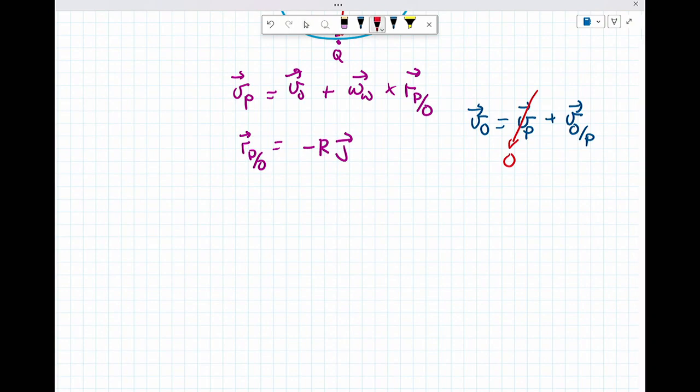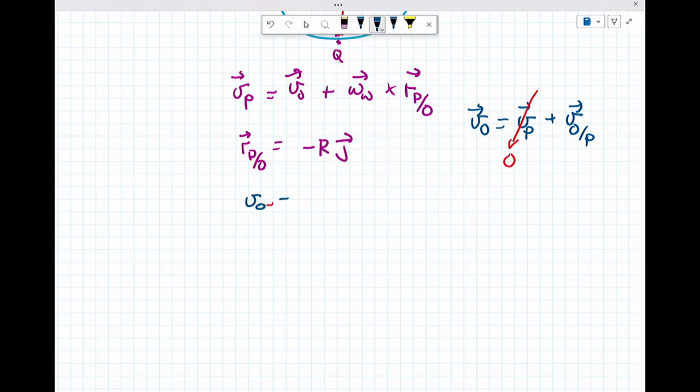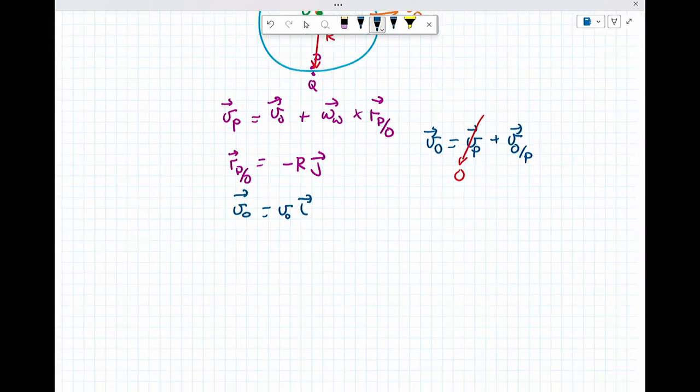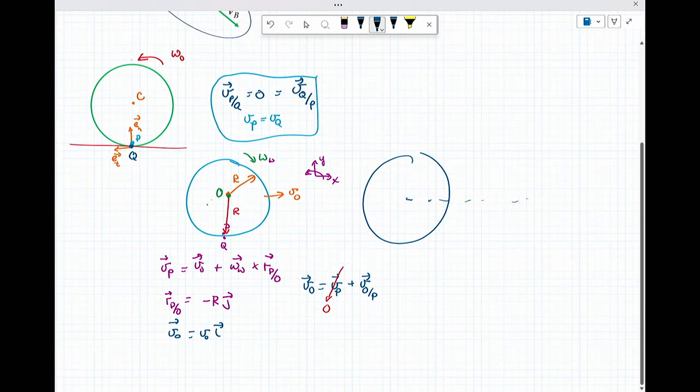Now, I always know that when I'm dealing with a wheel and it's rotating, the center is always going to translate.